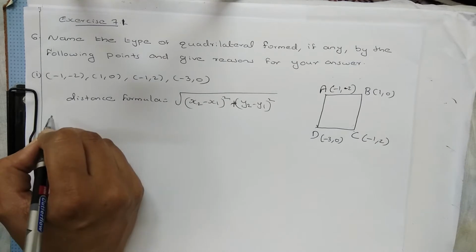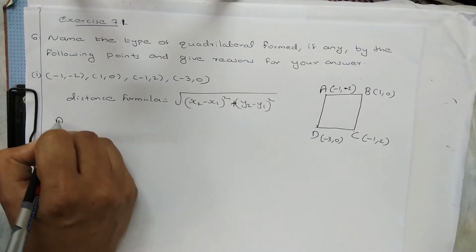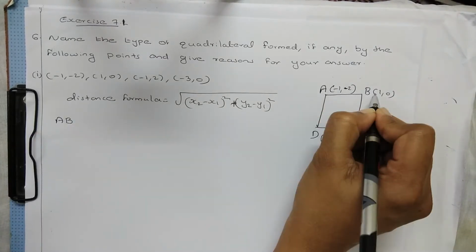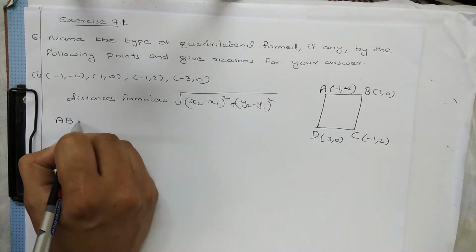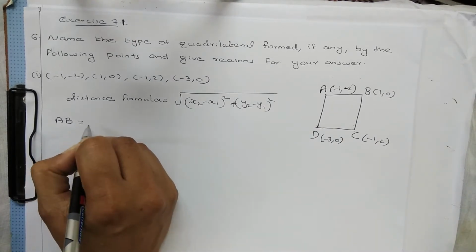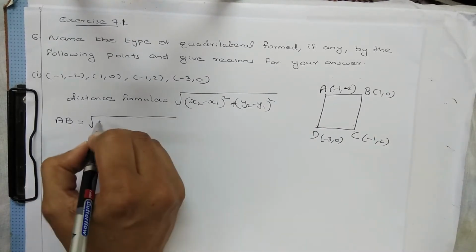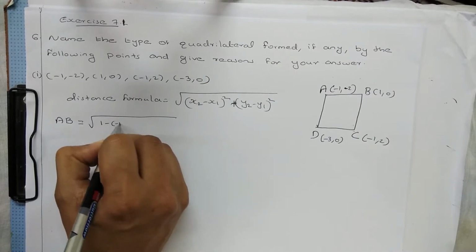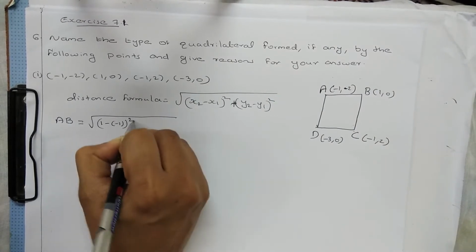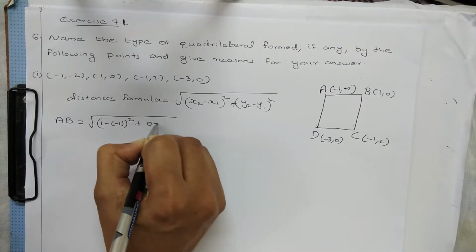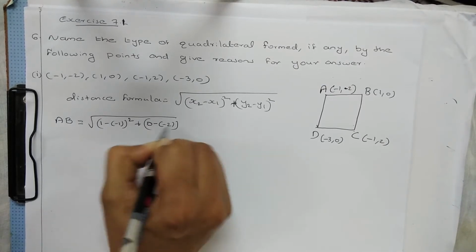Okay, so we will start with AB. AB means A will be x1, y1, B will be x2, y2. So AB is equal to root of (1 minus of -1) the whole square plus (0 minus -2) the whole square.